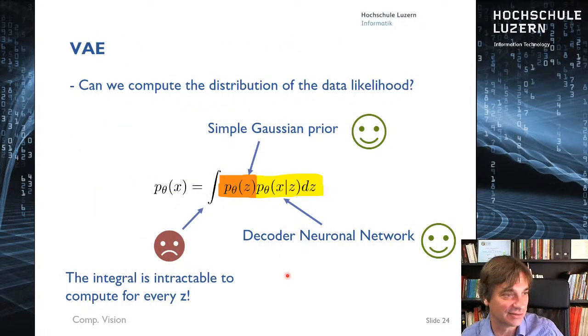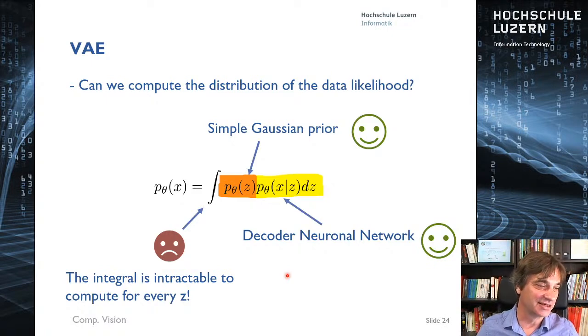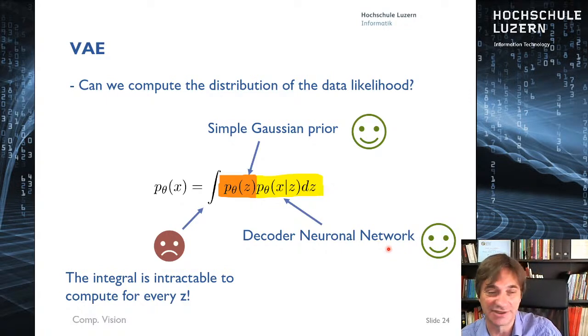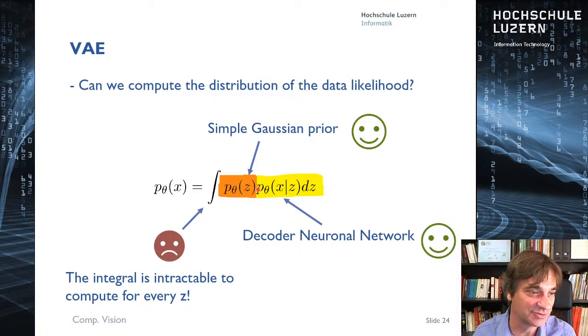And you can try to compute that it is like that, and that you can calculate it at the end with the integral. The problem is that some parts work well. We have said that this transformation from z to x, this density function, can be modeled by a decoder neural network. We have also seen that the distribution of the variable z should be a Gaussian, so this can also be modeled.